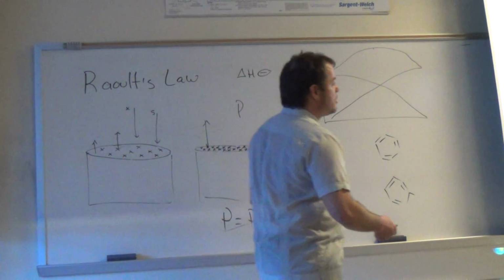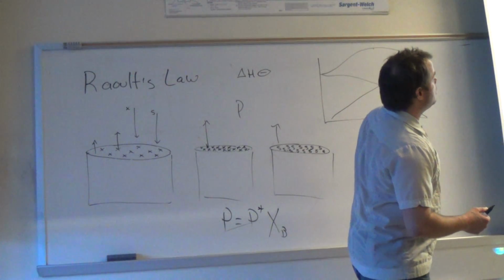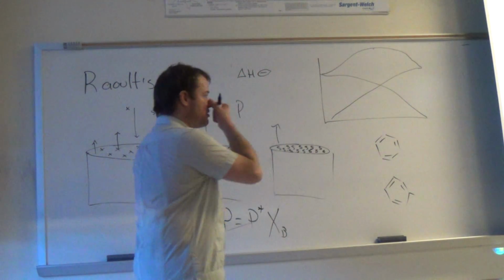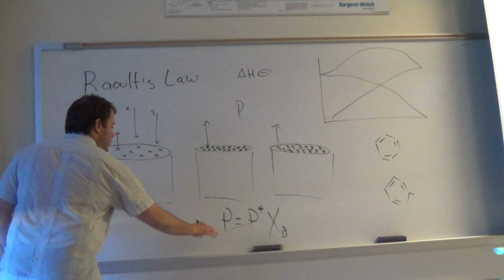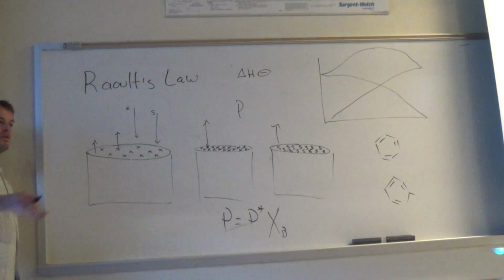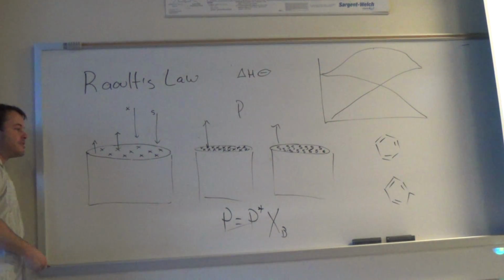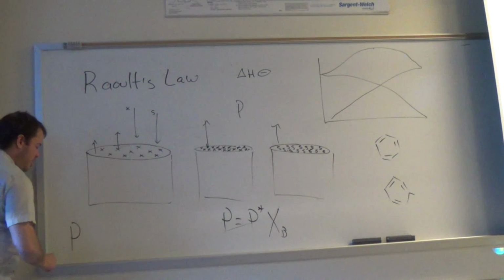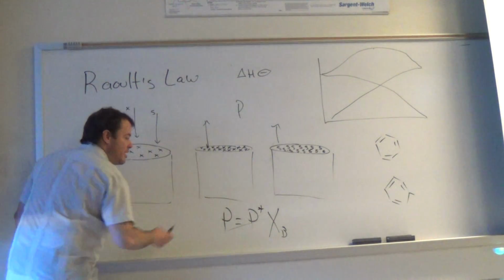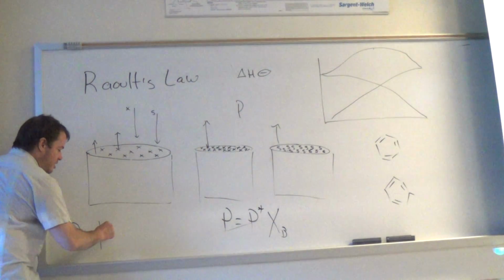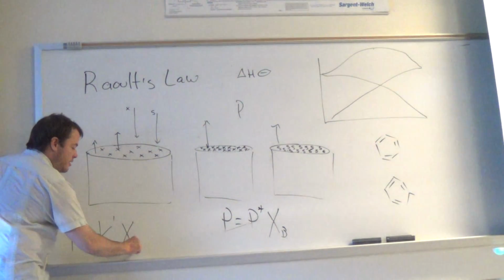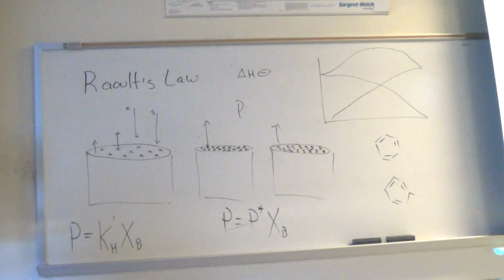And so we correct for it by introducing this thing called Henry's law. What Henry's law says is that we simply take a constant that makes the relationship true. And so instead of plugging in P of the pure, we're going to put this thing in here called KH, and we're going to multiply that by XB, the mole fraction.